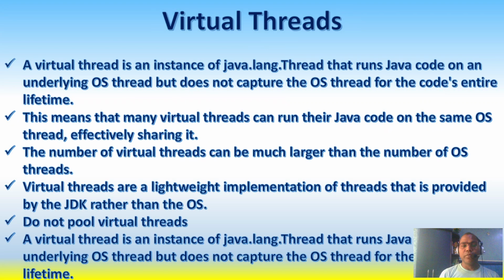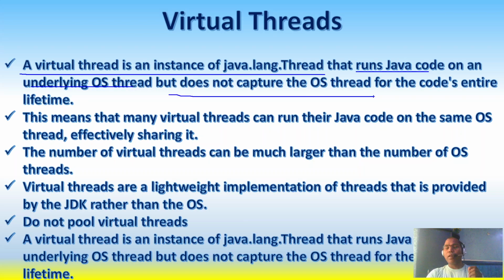A virtual thread is also an instance of the Thread class, and it runs Java code on the underlying operating system, but does not capture the operating system thread for its entire life cycle.